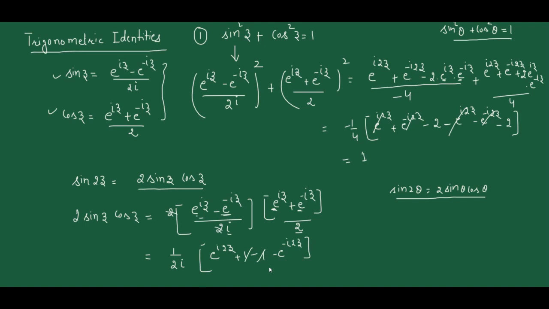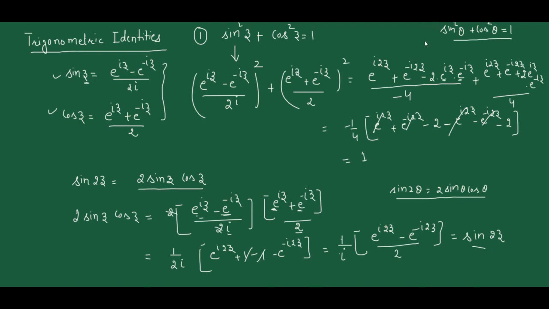So you can cancel 1 with 1 and you are left with 1 over iota, e raised to power iota 2z minus e raised to power minus iota 2z by 2, and this is nothing but the formula for sine of 2z, because if you put 2z in place of z, you will get this formula. Similarly, you can establish other trigonometric identities for complex numbers.